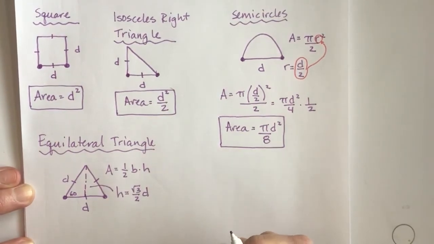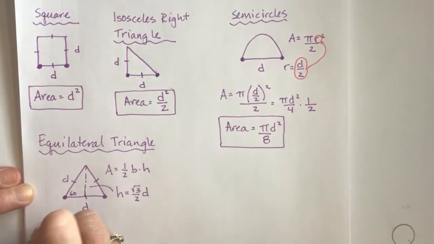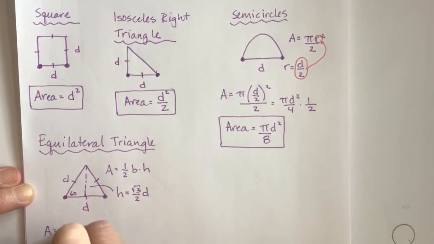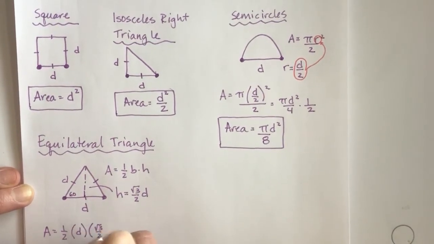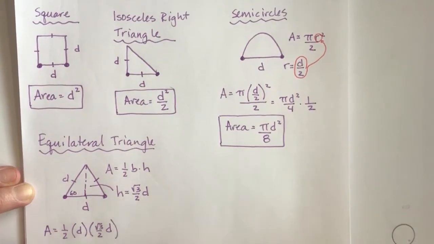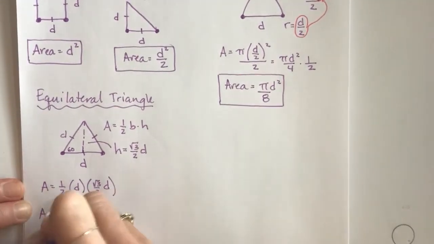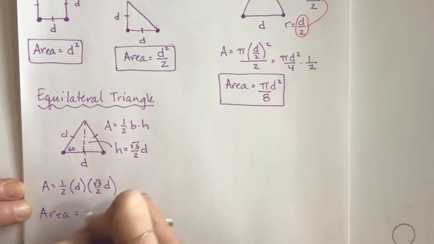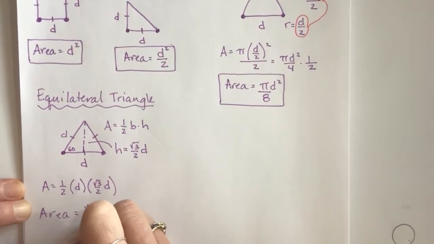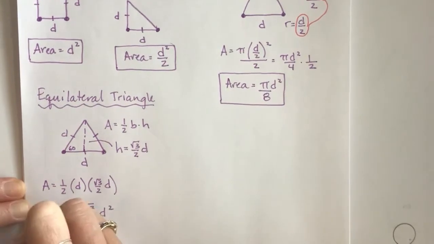Okay? So there we have it, when we just substitute everything in. Area equals 1/2, our base distance is D, and our height is root 3 over 2, also times D. So the area is equal to root 3 over 4 times D squared.